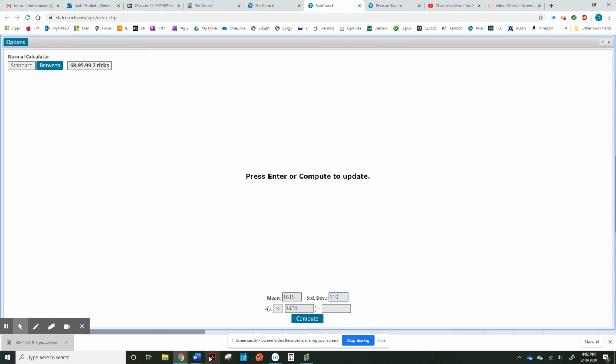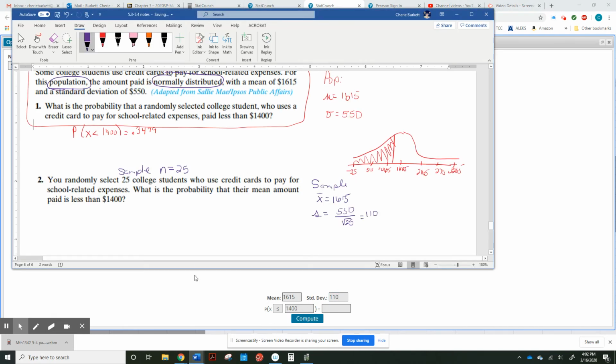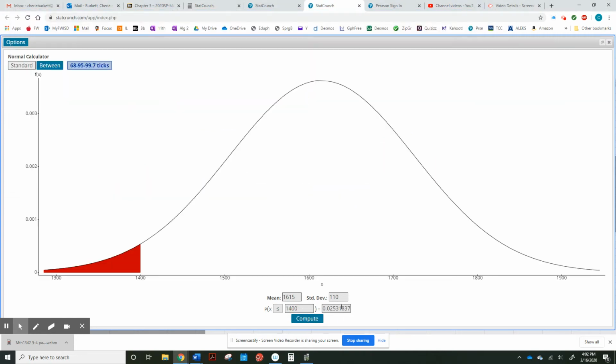And what is the probability that the amount paid is less than...? So the question's the same. The probability that X is less than $1,400. So the only thing that changed was the standard deviation. So we're going to compute that and see it is a lot less because our standard deviation was smaller.